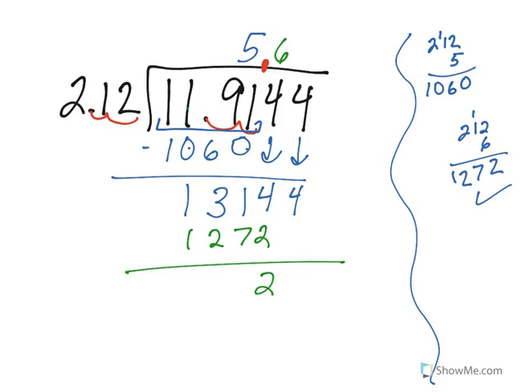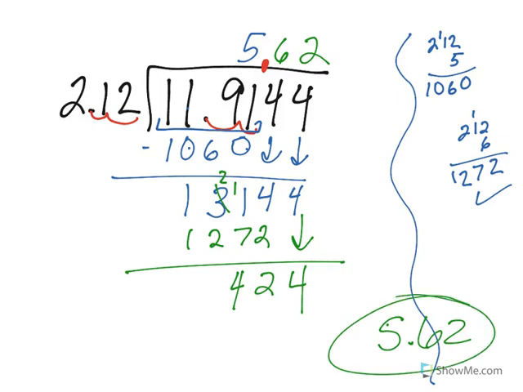So 4 minus 2 is 2. I borrow, 11 minus 7 is 4. And then I bring down my other 4. And 212 goes into 424 2 times. So my answer is 5.62. Don't be afraid of doing a little math on the side to show your work. More work is not a bad thing.